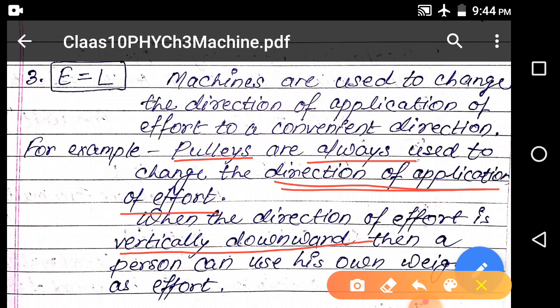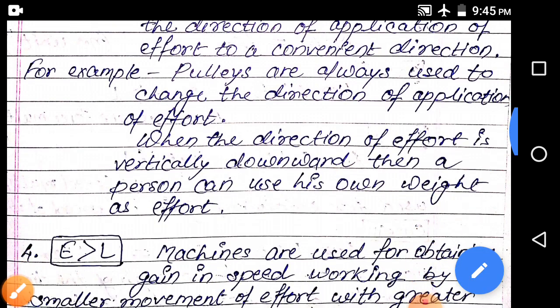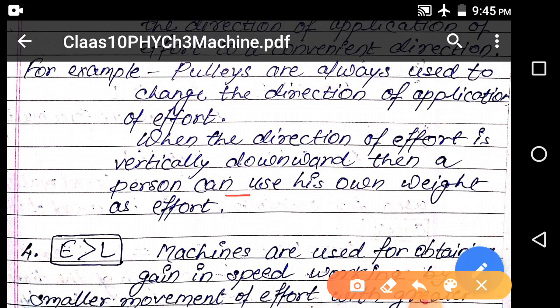Now when we apply the effort vertically downward, we can apply our own weight as an effort. So it will be very convenient for us to pull the bucket by applying a force vertically downward, because here we can use our own weight as an effort.